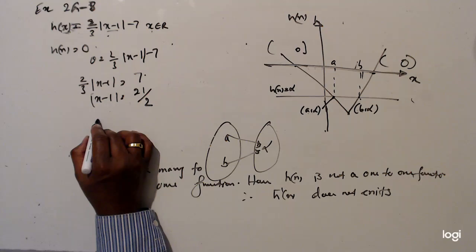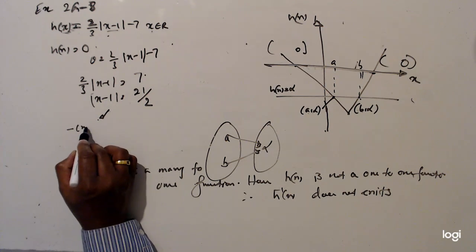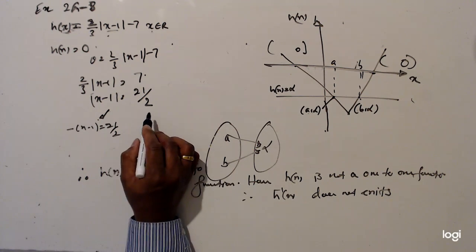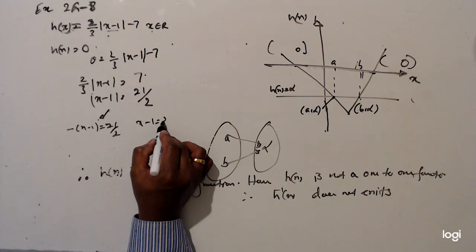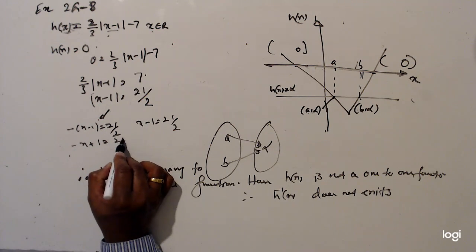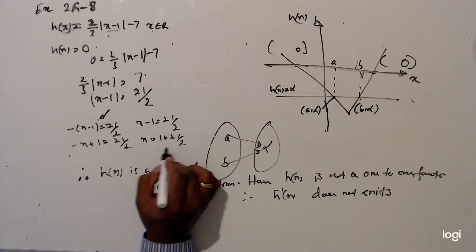Then we have to consider minus (x minus 1) equals 21 over 2, and x minus 1 equals 21 over 2.